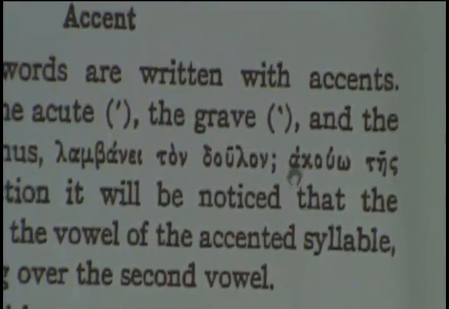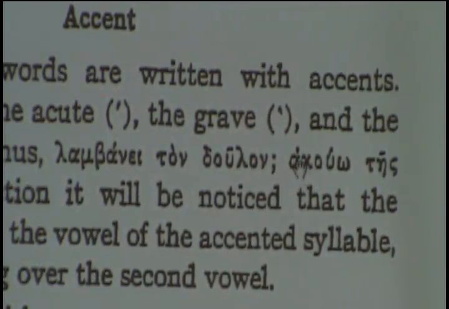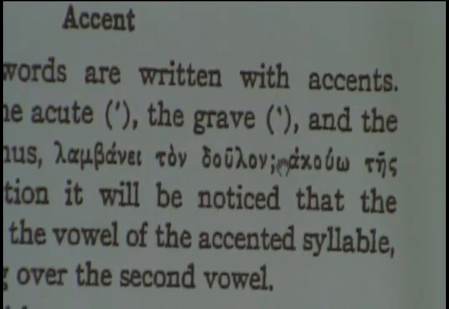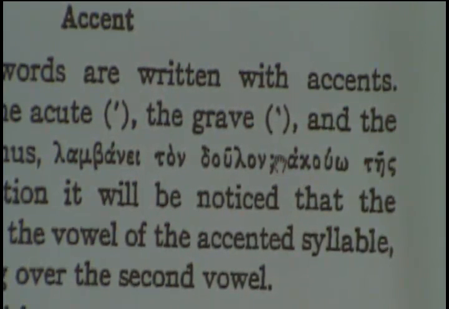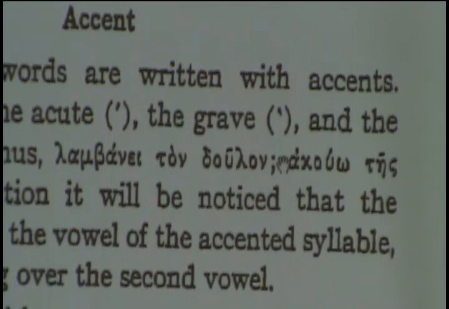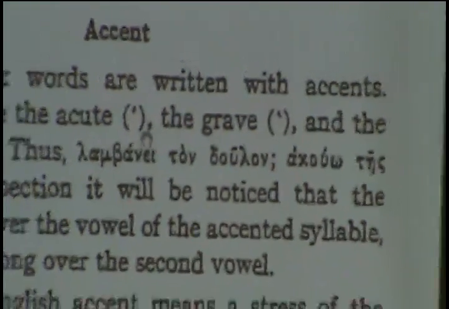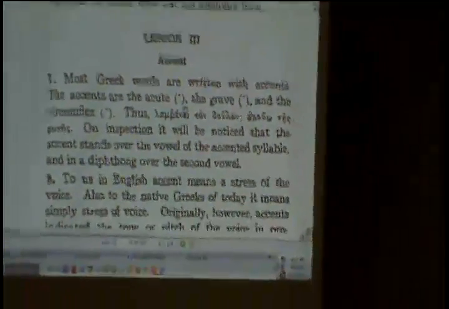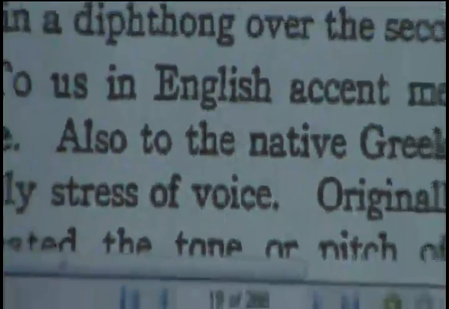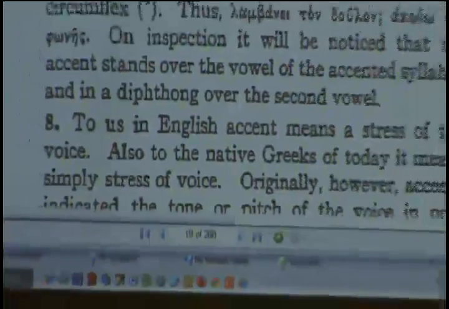Rough or smooth? It's not to the left. It's to the right. To the right, it's smooth. See, it's not haku, but aku. Okay, just checking. What kind of accent is this? Rough? That's breathing.